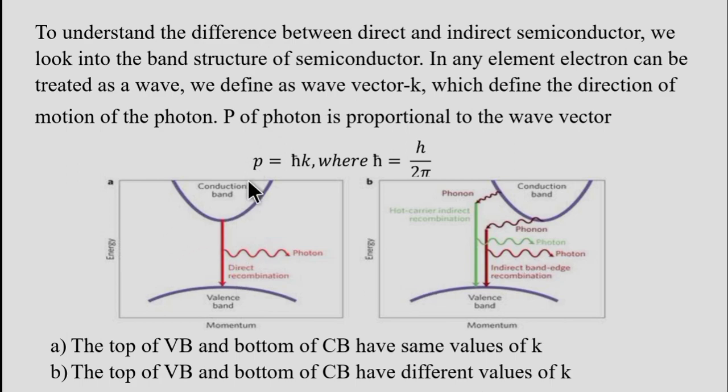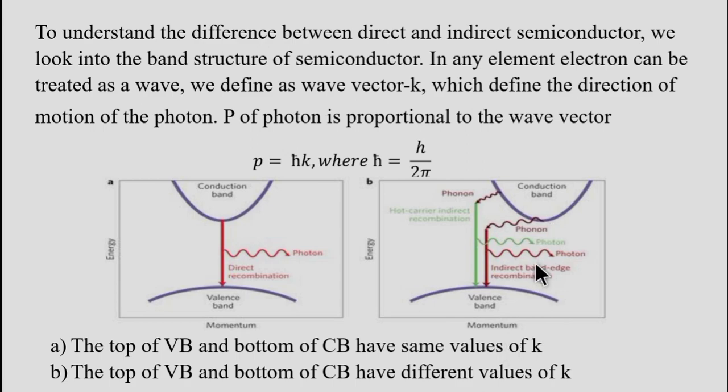Here, in the direct case, the energy is conserved and the momentum is also conserved during the process of recombination. In the indirect case, the energy is conserved but the momentum is not conserved during the recombination of electron and hole. In the direct case, when recombination takes place, both energy and momentum are conserved, and therefore it emits a photon. Here momentum is not conserved.